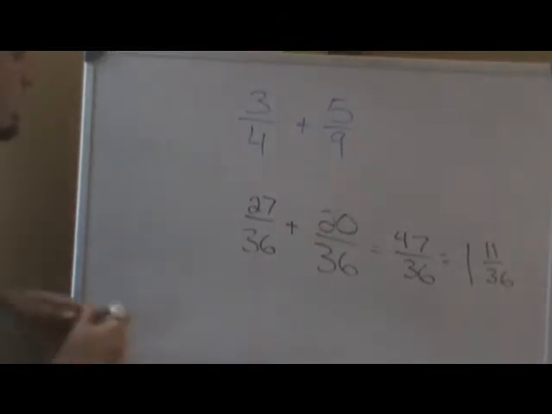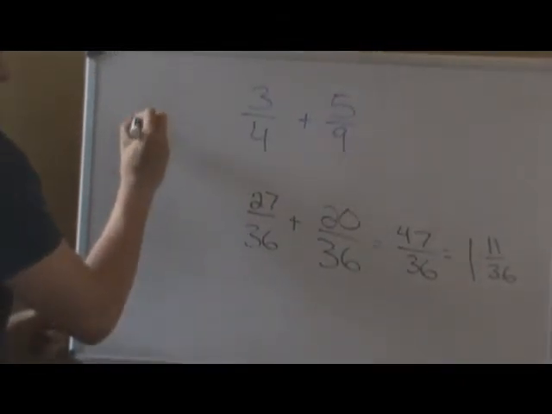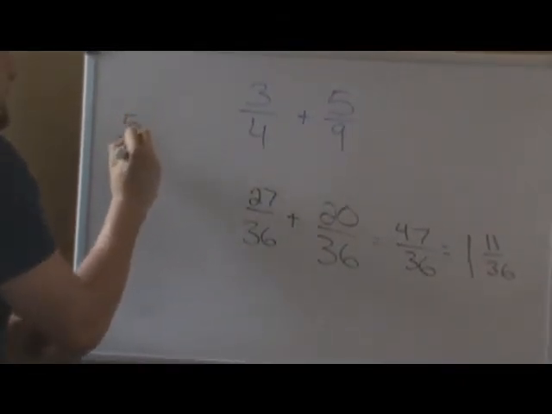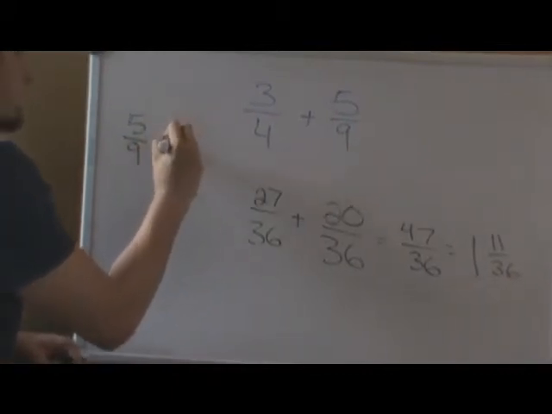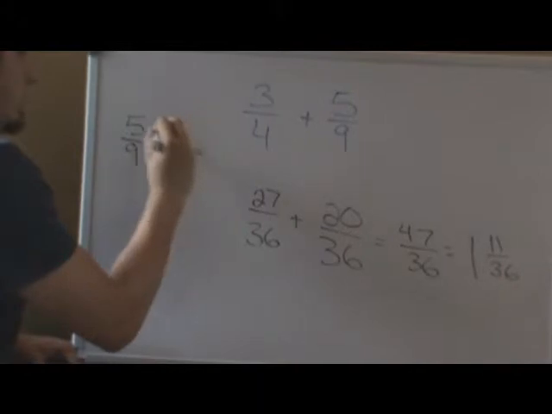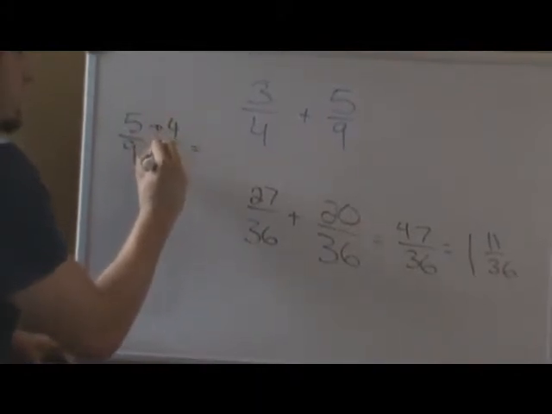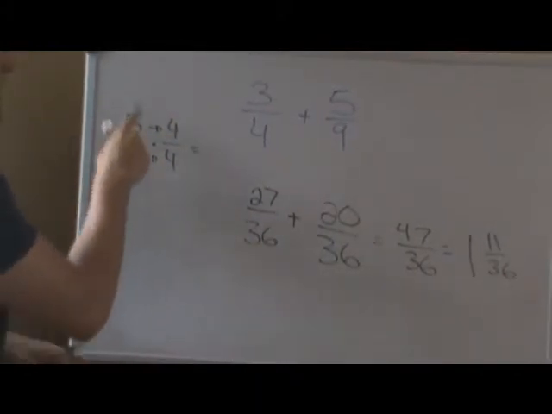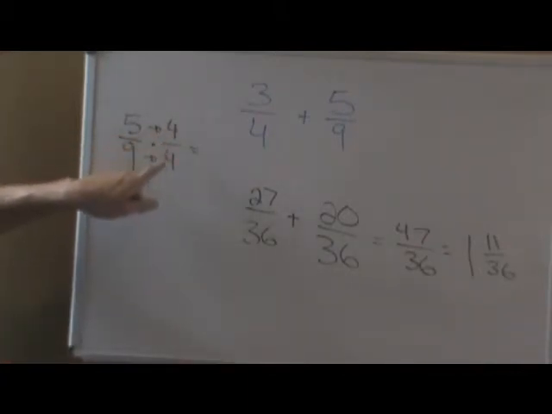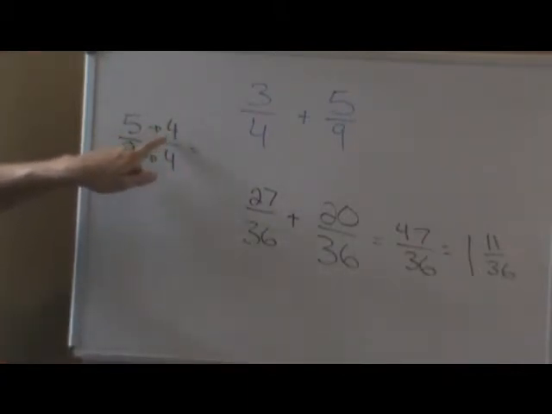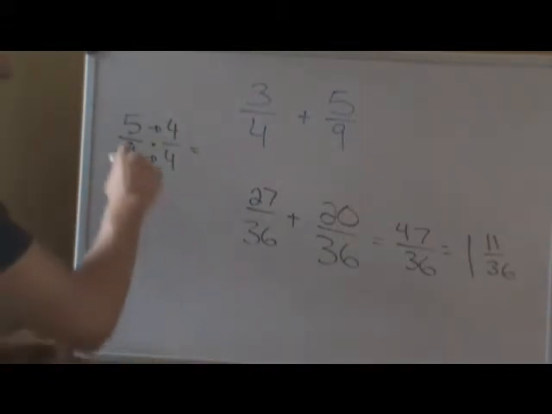And we discussed briefly how when I multiply both top and bottom by the same number, I'm actually multiplying the fraction by 1, because by multiplying it by the same number, I have the same number on top and bottom here. 4/4 is the same as 1.